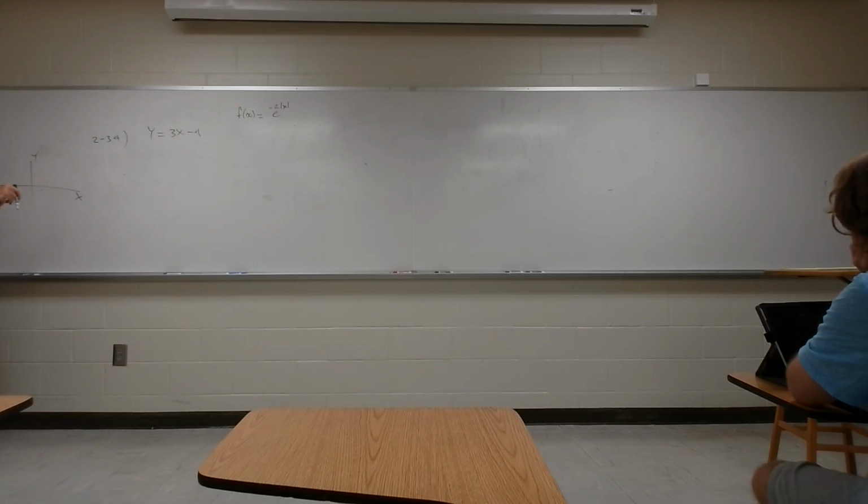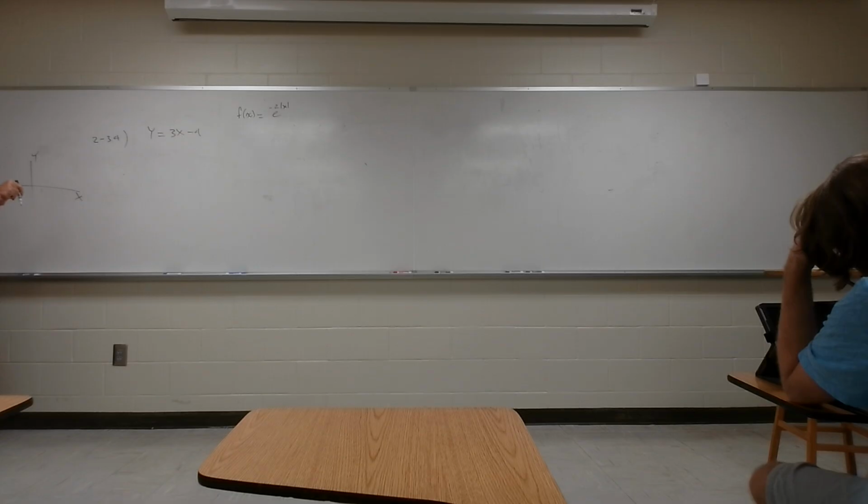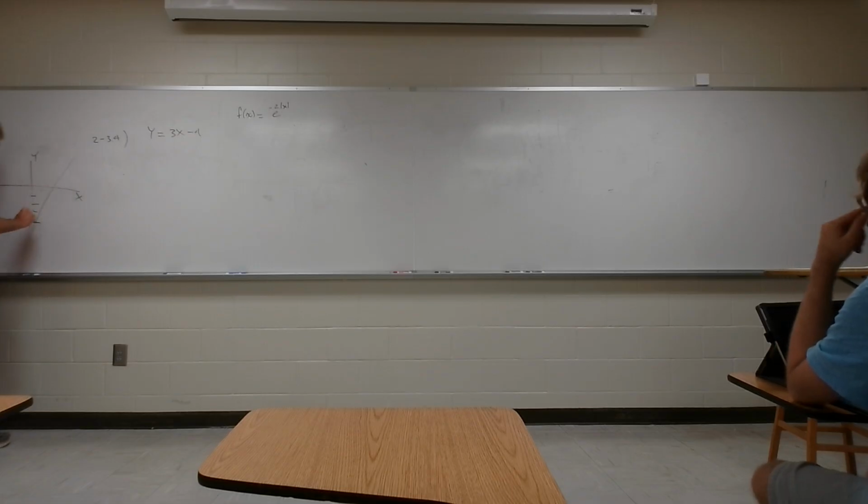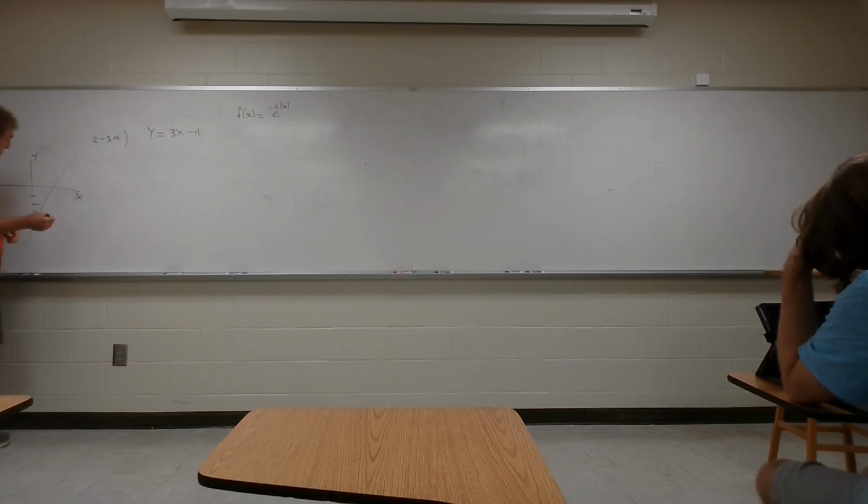Take a derivative of that with respect to x and you get a slope of 3. The intercept, when x is 0, y is minus 4. It's a straight line with a slope of 3, something like this. So this is what you're talking about here, correct, class?